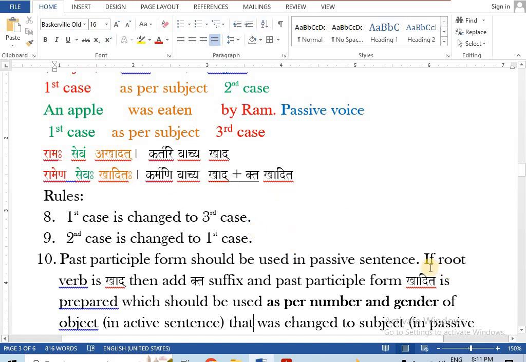If the root verb is khad, for example, meaning to eat, then add the ta suffix, and the past participle form khadita is prepared. Listen, the past participle form khadita is prepared, but it should be used as per the number and gender of the object in active voice, which was changed to subject in passive voice.